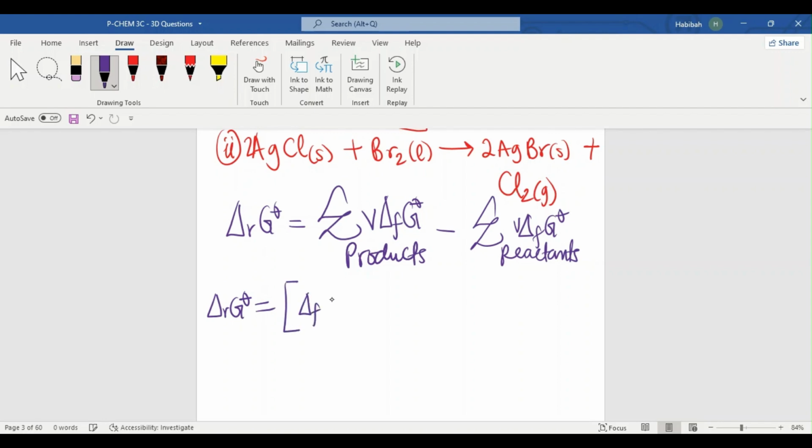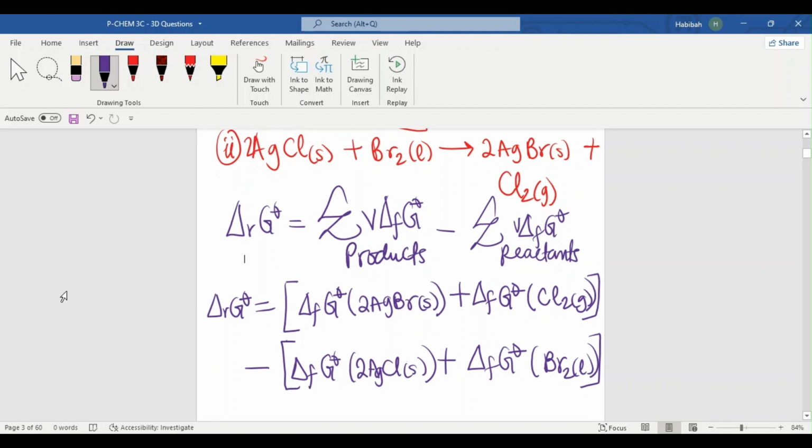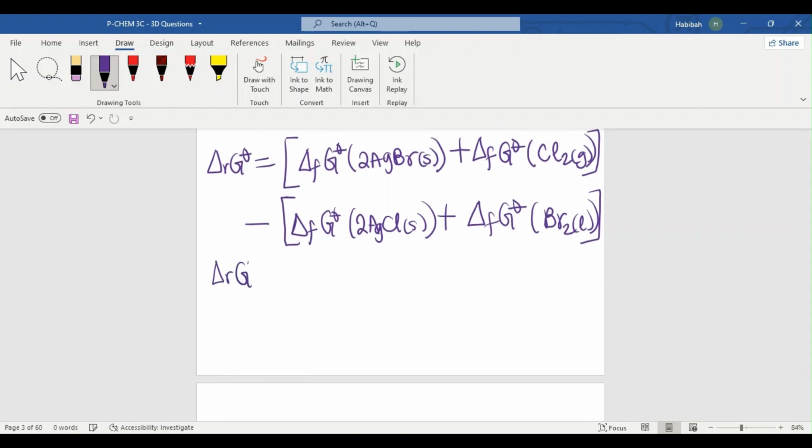So you have the Gibbs energy of formation for the first product, that'll be 2AgBr, solid, plus the Gibbs energy of formation of the second product, that would be Cl2 gas, minus the Gibbs energies of formation of the first reactant, which is 2AgCl solid, plus the Gibbs energy of formation of the second reactant, which is bromine liquid. So that's the Gibbs energy of reaction.